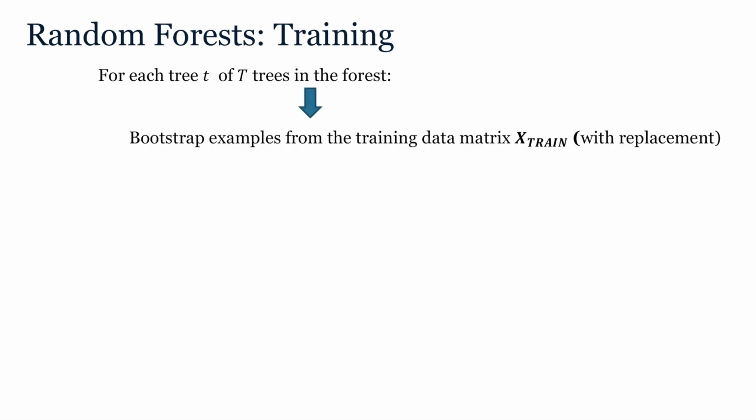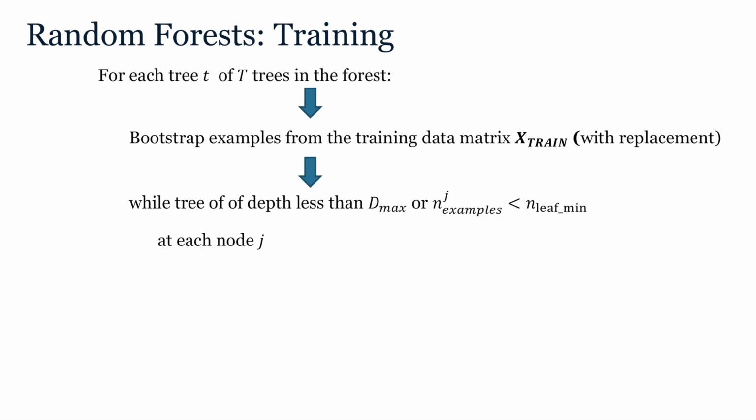First, for each tree, create a bootstrapped sample from the full training dataset. This is exactly the same as what you would do with bagging. Then you train the trees on these samples, splitting at each node until a termination criterion is met, such as max depth is exceeded or the number of training examples in each leaf is less than the minimum allowed. Again, this is completely consistent with bagging.